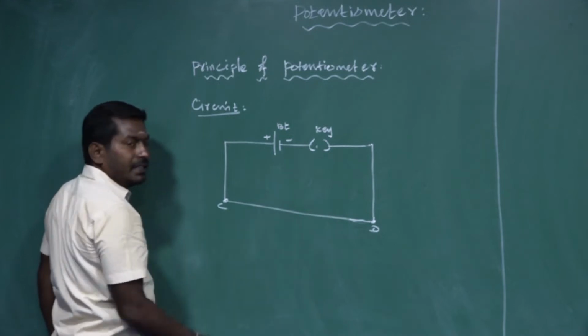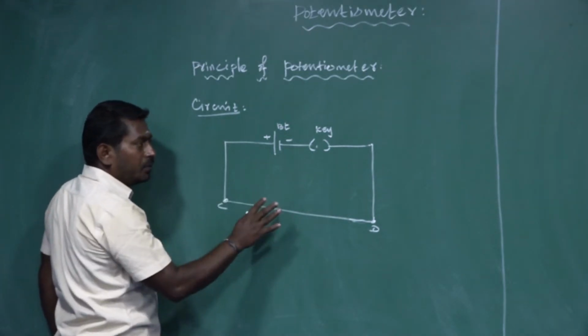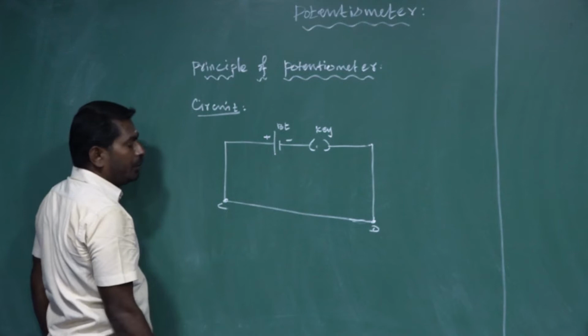Here the battery, key and CD, the segment of the potentiometer wire, are all connected in series to form a circuit that is called the primary circuit of the potentiometer.